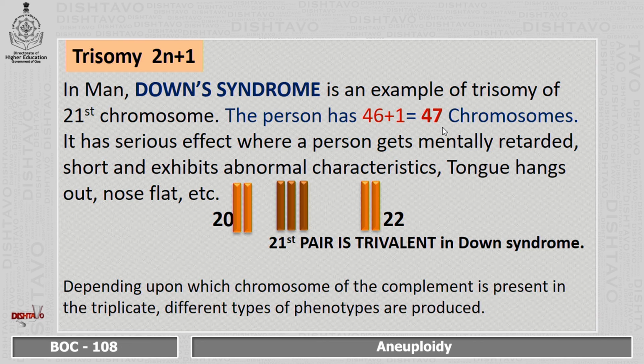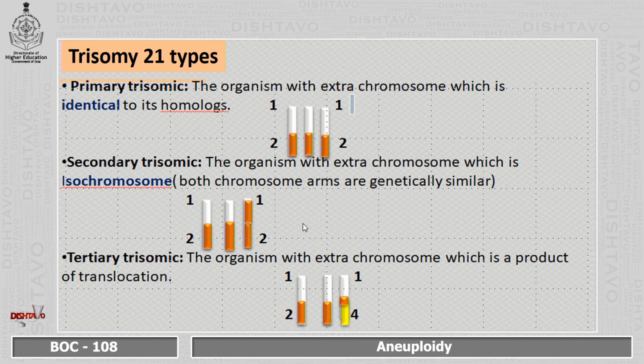So, total is 47. Depending upon which chromosome of the complement is present in the triplicate, different types of phenotypes are produced. So, depending upon here what type of chromosome comes here as a 21st pair, 21st type of chromosome, depending upon that there are different types. So, trisomics we can call it as primary, we can call it as secondary or tertiary. So, when an organism has an extra chromosome which is identical to the homologs, just like the parental type, just exactly the same.